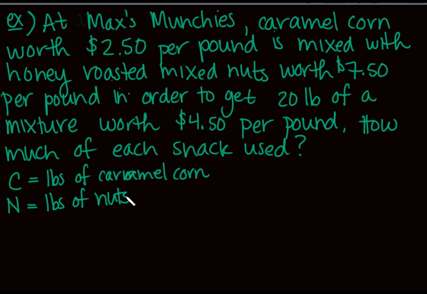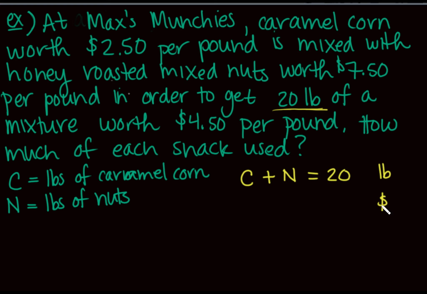You must define your variables. Now I'm going to figure out how I can relate these together. So let's first look at how much we have. I want a 20-pound mixture, so I know that C plus N must equal 20. This is the pounds of each mixture.